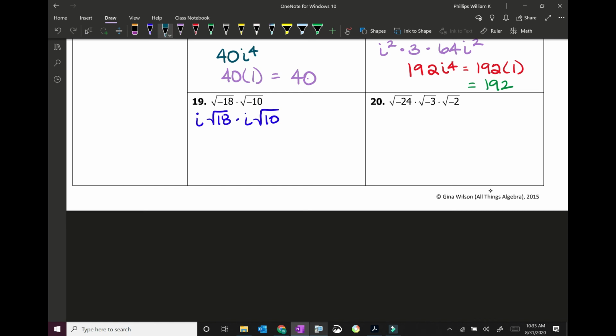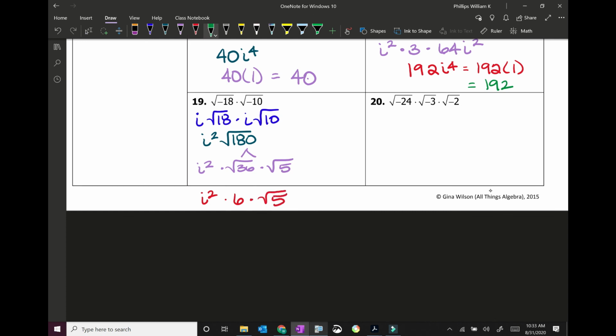So now I can multiply and say this is i squared times the square root of 180. Now we can simplify the square root of 180. I have i squared times the square root of 36 times the square root of 5. So here I have i squared times 6 times the square root of 5.